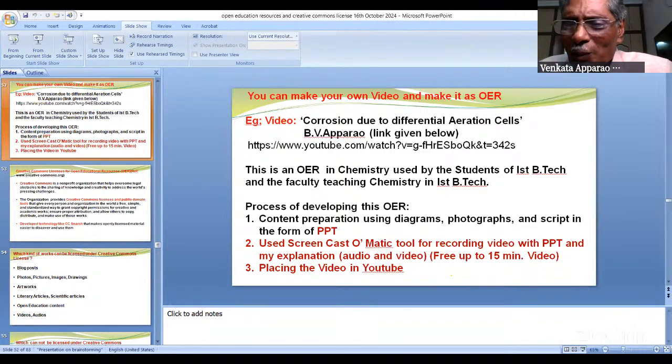You see, for promotions, for career advancement, definitely you need some articles in journals of high impact factor. You must do it. Your career advancement is very important. But at the same time, some of the articles you can publish in open access journals, OERs.